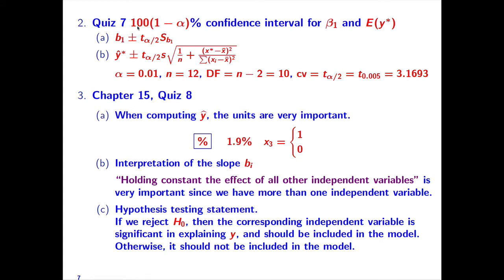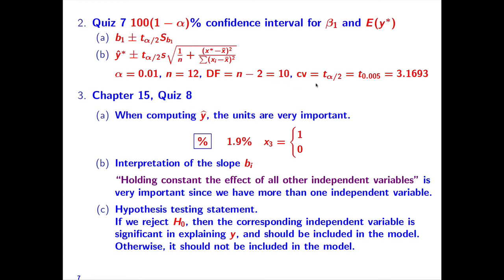Now, for quiz number 7, we have this 100 minus alpha percent confidence interval for the true slope beta 1 and the mean value of y for a given value of x. Those are the 2 equations we had mentioned. And to find this critical value, we have alpha equal to 0.01 and n equals 12, and the degrees of freedom is n minus 2, which is 10.